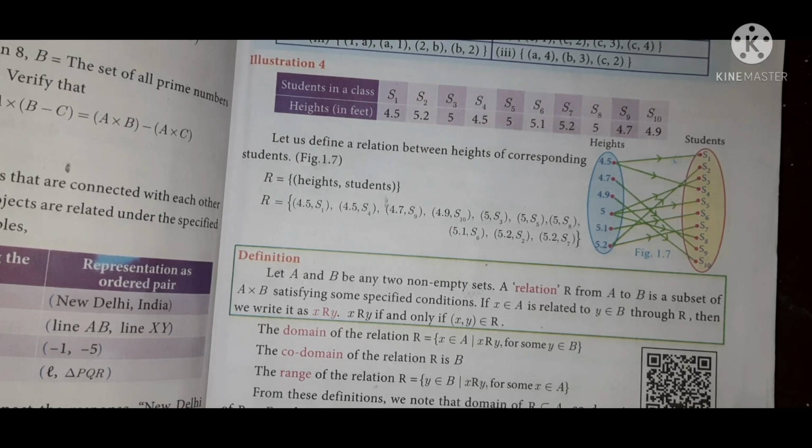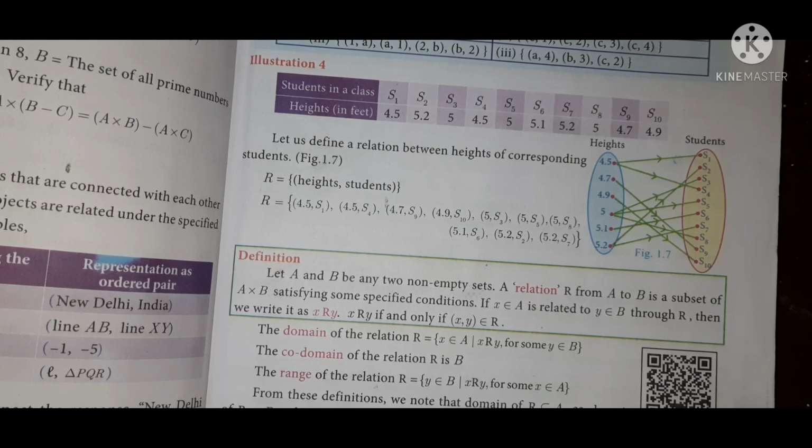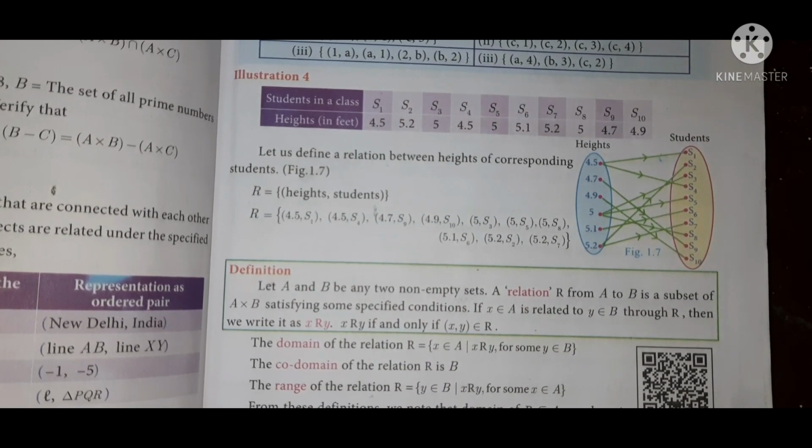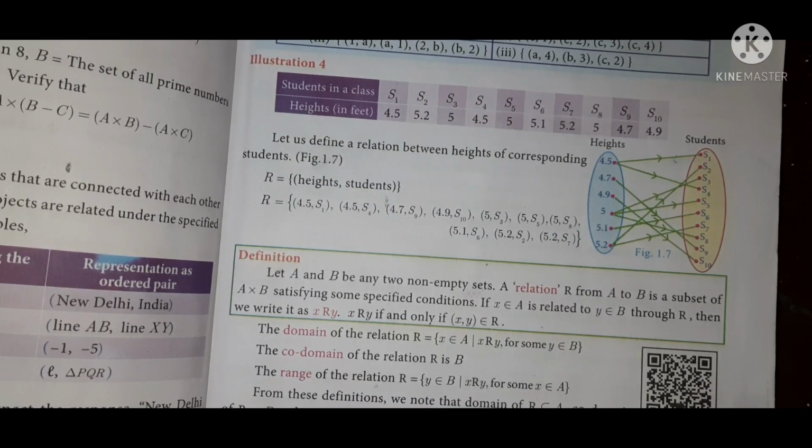The domain of the relation R is the set of x belonging to A such that x is related to y for some y belonging to B. That means the elements of set A which are related with B are called the domain.